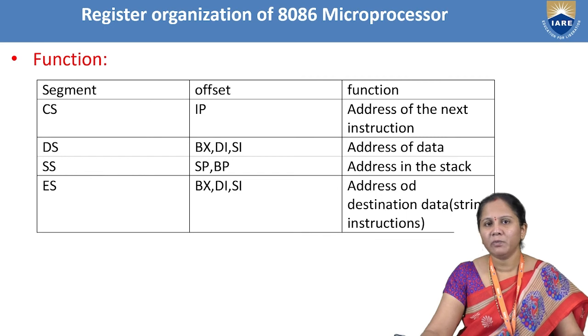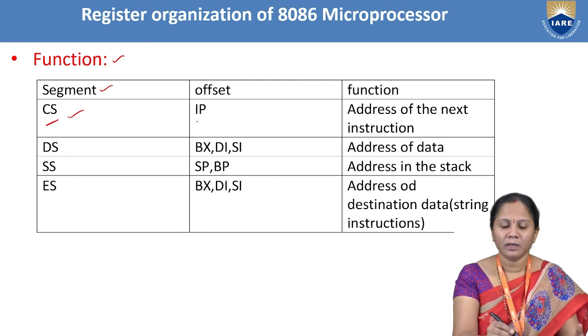The segment address will come from the four segment registers, and the offset address will come from any of the pointer registers, index registers, or also the base register. But while considering the physical address, if a particular segment is used, what should be the offset address? All these constraints should be considered.